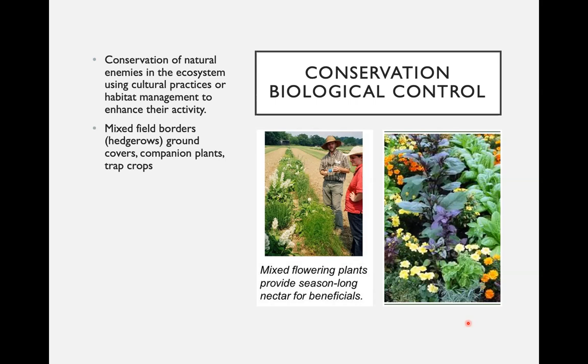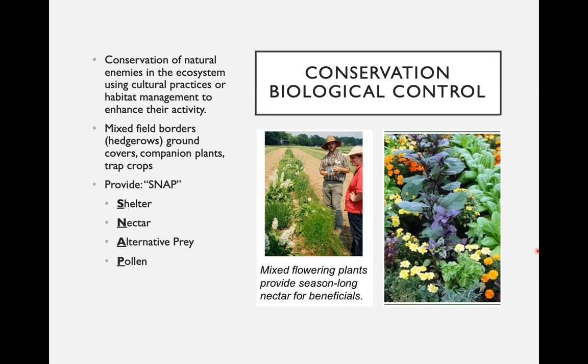Okay, so we can do this by planting borders of mixed native plants. We can put borders of seasonal or annual flower producing plants, anything that's going to help attract these natural enemies of pests. Another term for this whole process is creating hedgerows. Or companion planting is also a form of conservation biological control.